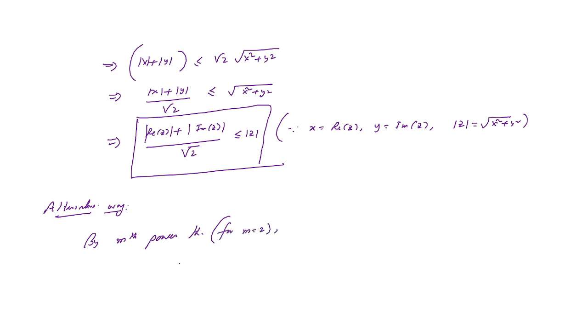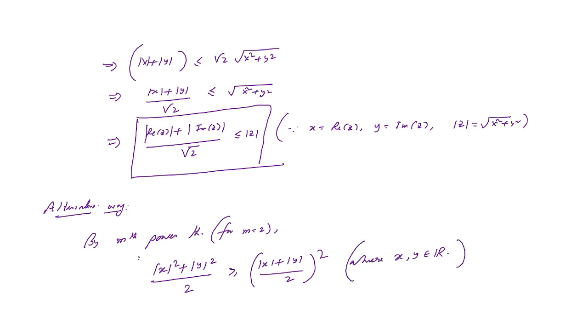So what should be the inequality? The inequality is (mod x whole square plus mod y whole square) by 2 is greater than or equal to ((mod x plus mod y) by 2) whole square, where x and y are real numbers.